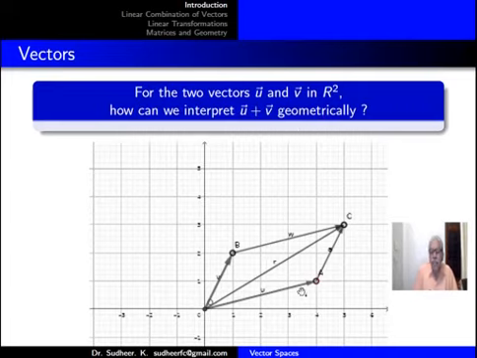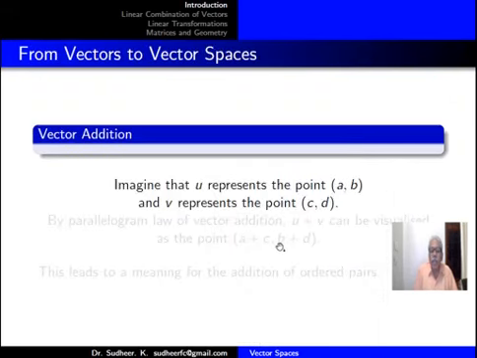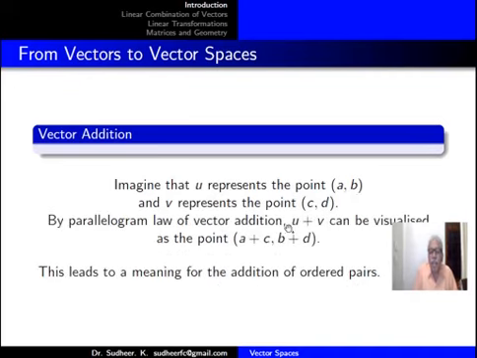The vector u will correspond to a point A, and vector v will correspond to a point B on the plane. If the coordinates of the point A is (a, b) and that of B is (c, d), we can say the vector u will represent the point (a, b) and the vector v will represent the point (c, d).